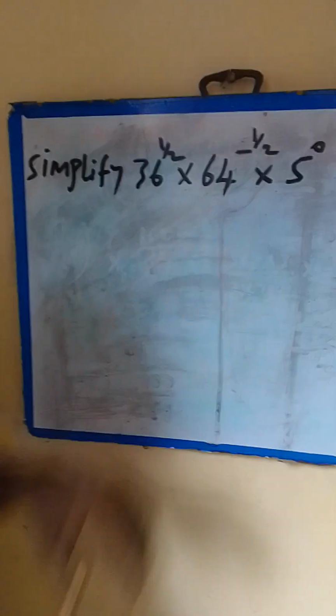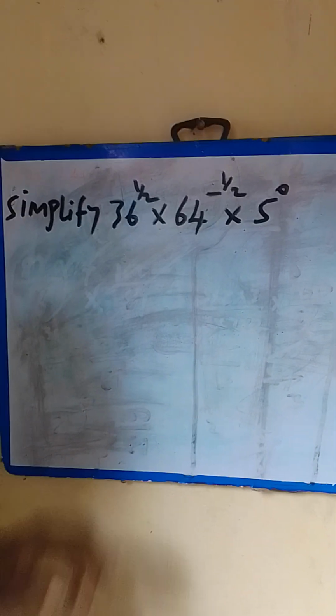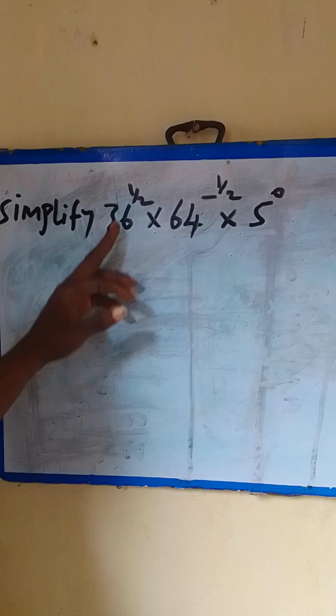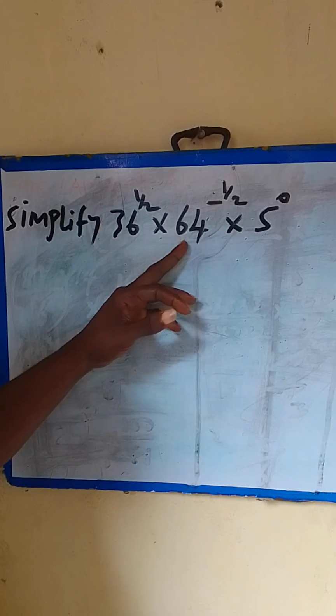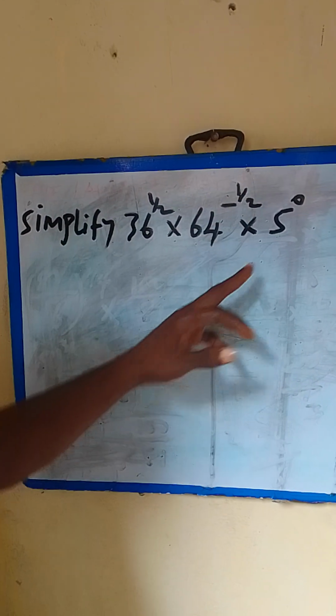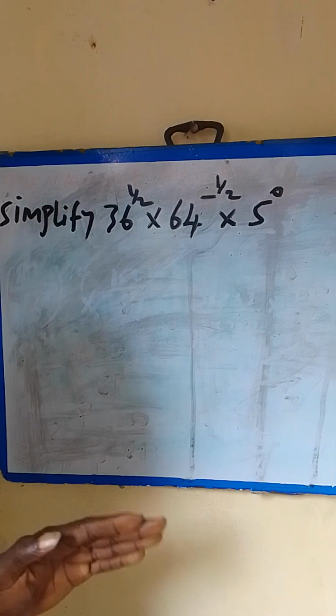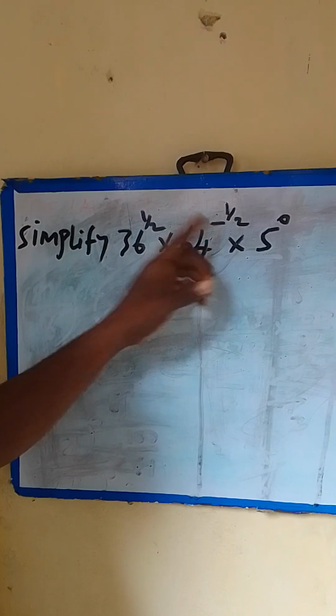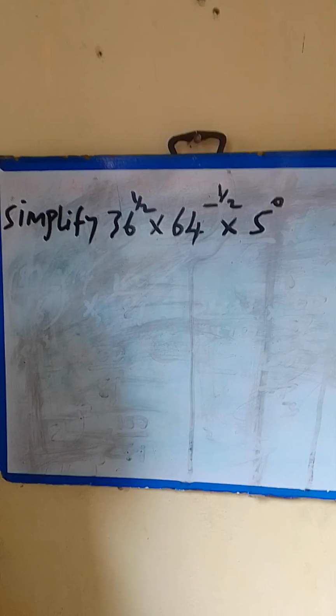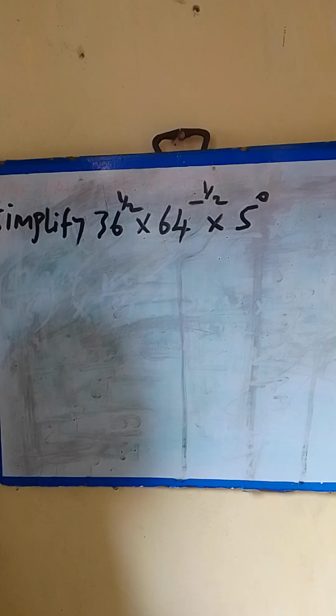Now this is an indices problem. 36 raised to power half, 64 raised to power minus 1 all over 2, times 5 raised to power 0. The first thing you need to do in this case is clear this negative index.